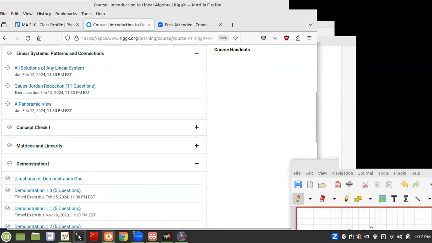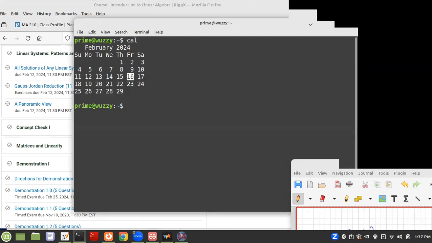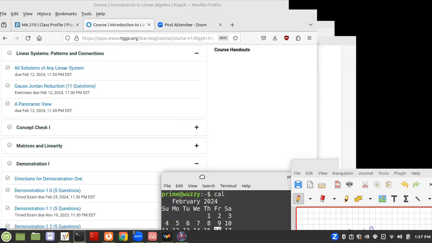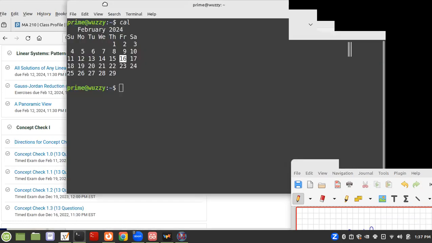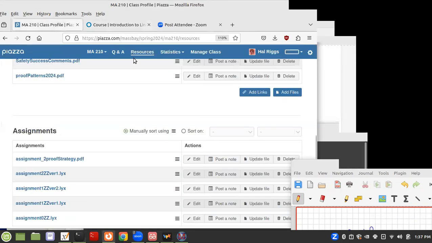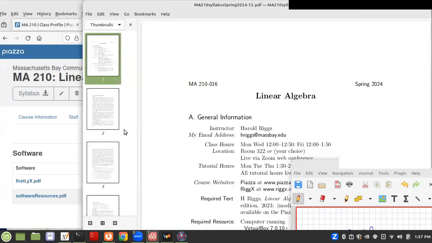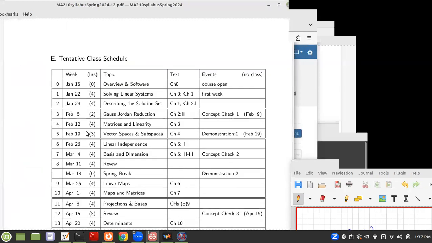Demonstration 1 is on the weekend of February 11th.